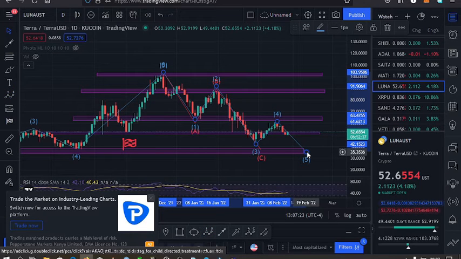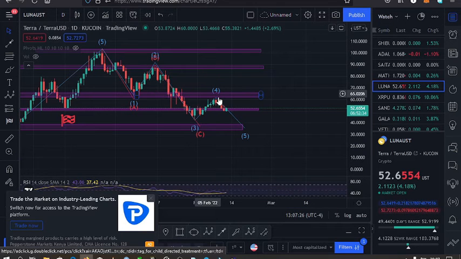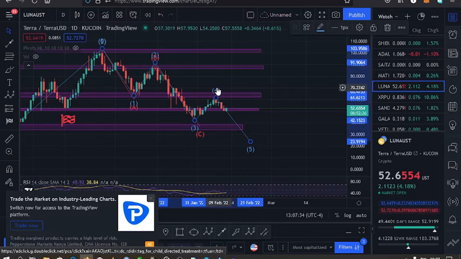So it's obvious that in this wave 5 we'll be unlocking lower prices for Luna. I expect us to continue having lower prices in this wave 5 and touch the $35 mark.